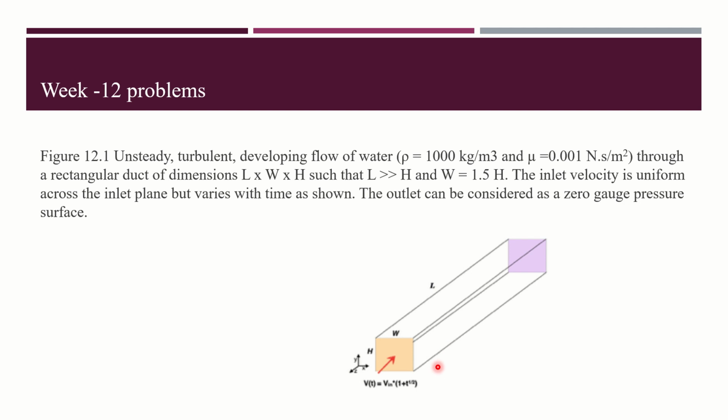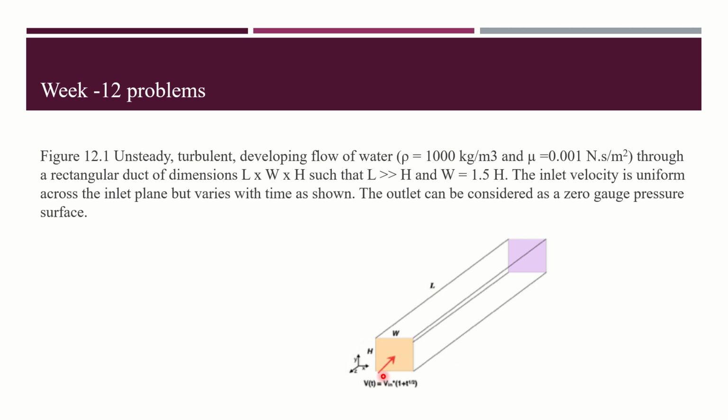The duct dimension is given as L x W x H. L is very much larger than height, and W is 1.5 times the height. So L is greater than W, W is greater than H, H is the smallest and L is the largest.